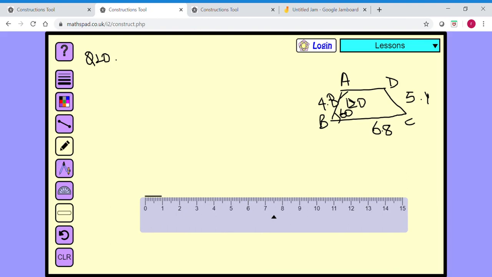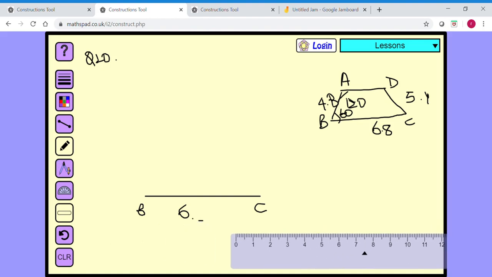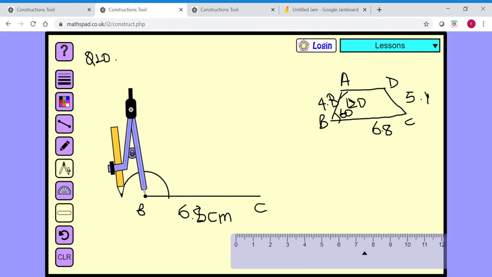So I start from here and I construct a length of 6.8. Done. So let me write, this is B and this is C. This is 6.8 centimeter. At B I need a 60-degree angle, so I make a small semicircle from B. Perfect.